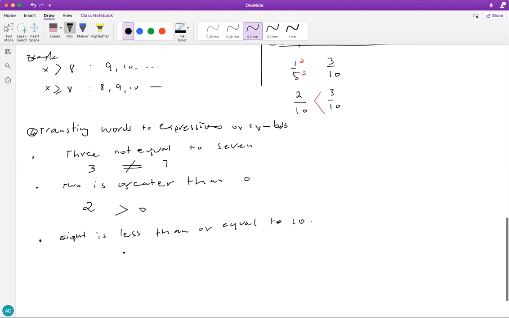So 8 is less than or equal to 10. This whole thing translates to this, less than or equal to. Whenever you say or equal to, add that little line, 10.